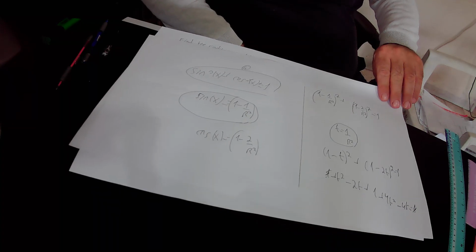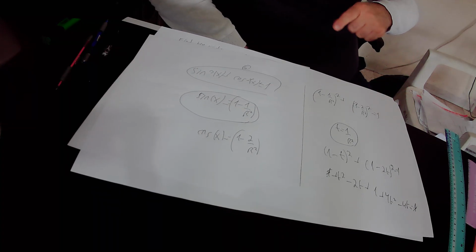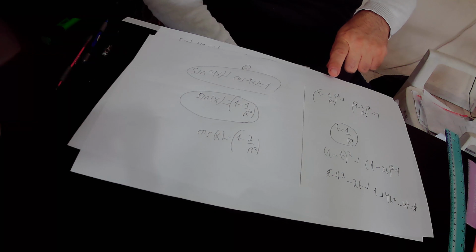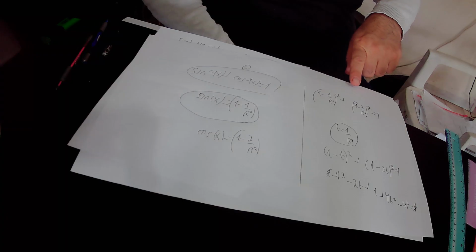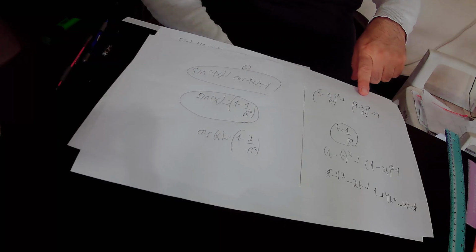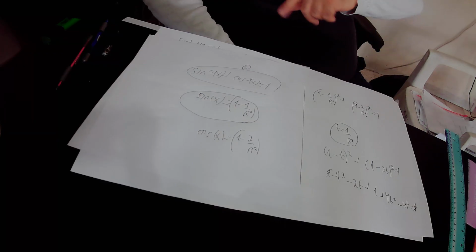Okay, so in conclusion, we found that (1 minus 1 over r squared) squared, this is sine squared x, plus (1 minus 2 over r squared) squared, that is cosine squared x, equals 1 according to this trigonometric identity.